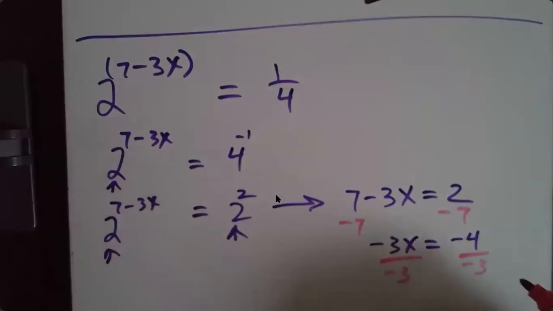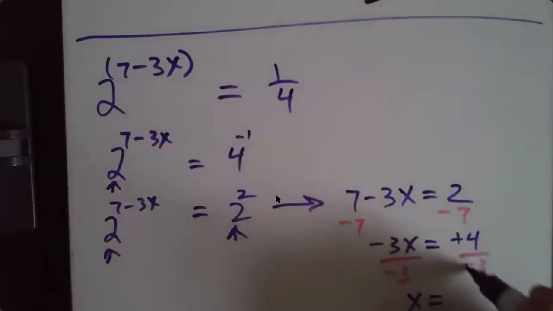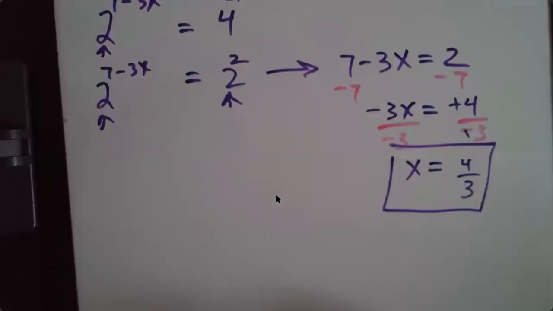Divide by negative 3. And we get x equals negative, divided by negative is a positive, 4 over 3, and that's our answer. 4 over 3 is our answer. Okay? Questions there? All right.